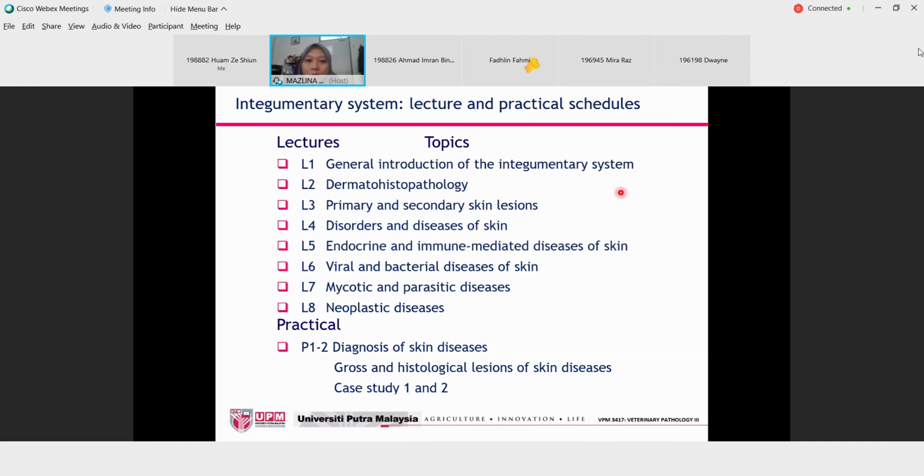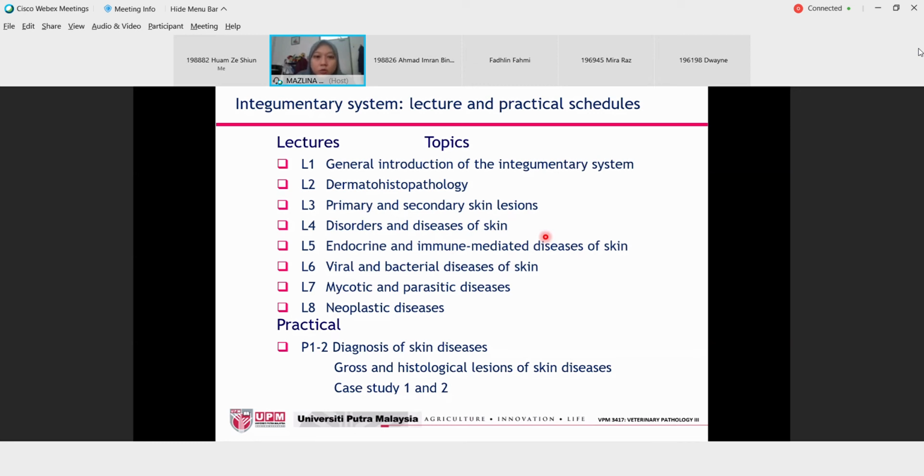Alright, lecture 3 is basically about primary and secondary skin lesions. Remember that in the first lecture I mentioned that skin diseases can be very challenging to diagnose because there are many factors that can contribute to them, endogenous or exogenous.